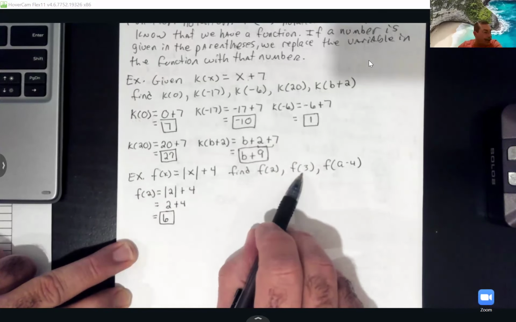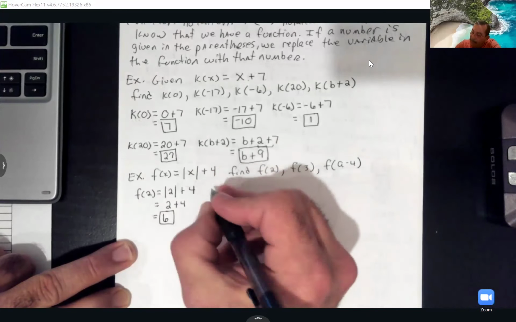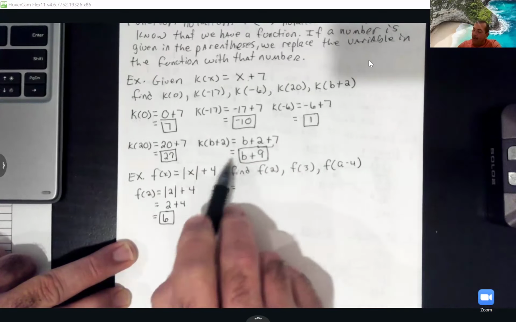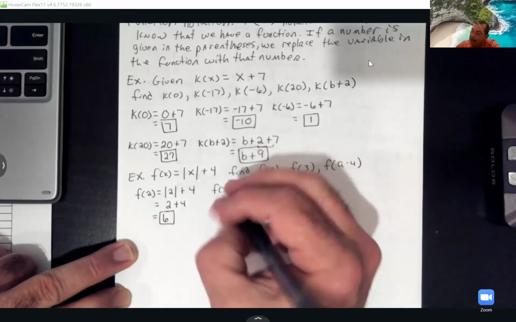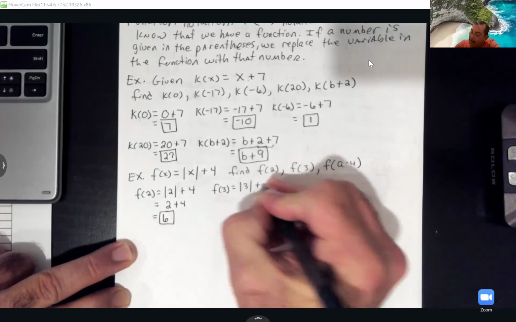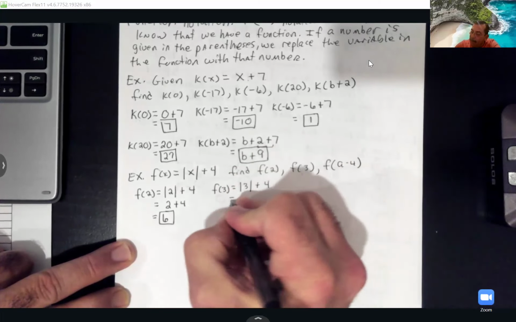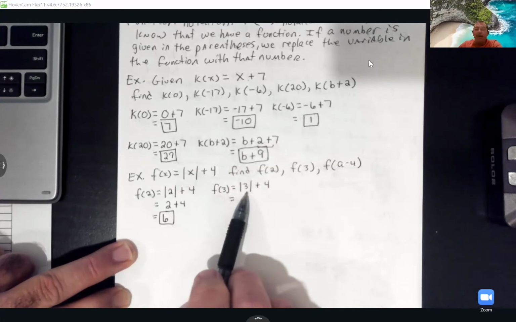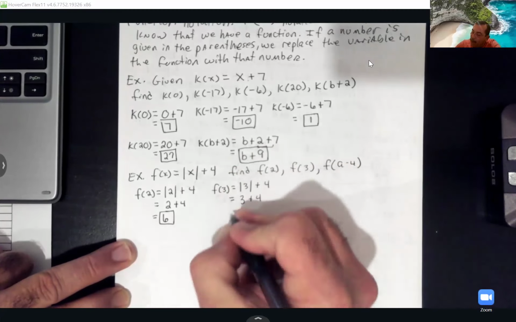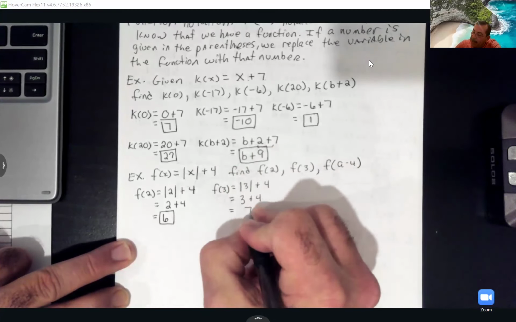F of 3. All right, put a 3 in for the x. So that'll give us an absolute value of 3 plus 4. So y'all, absolute value of 3 is 3. So that's going to give me 3 plus 4, which will give us 7.